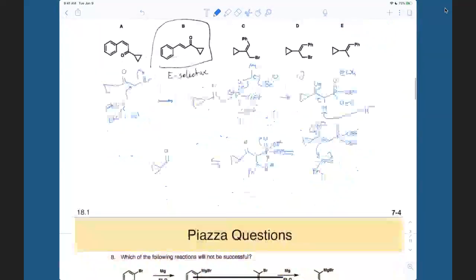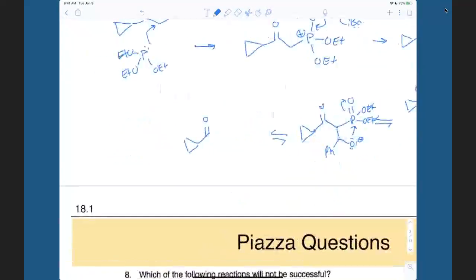Make it a little bit bigger for everyone to see. Now we have this four-membered ring with a phosphorus and an oxygen.